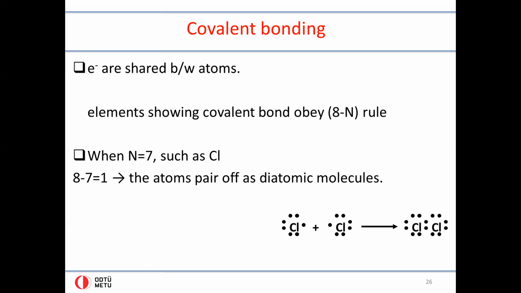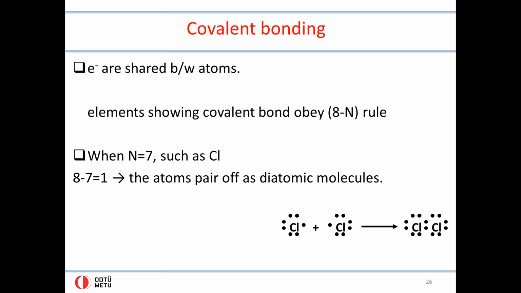Because each one is lacking by 1, they can share an electron and become a diatomic molecule. So when you have 2 chlorine atoms, the only thing you can form is Cl2, but you can't form Cl3 or Cl4 or Cl all by itself.